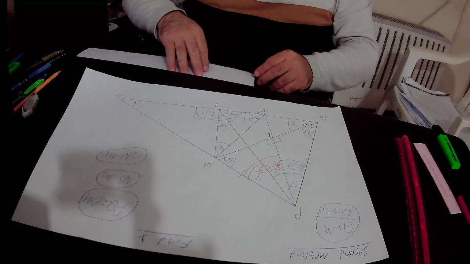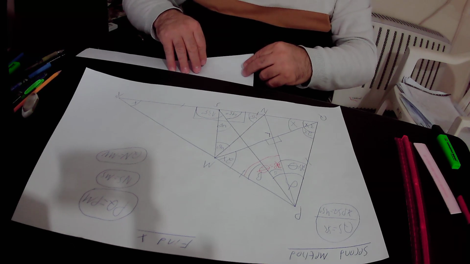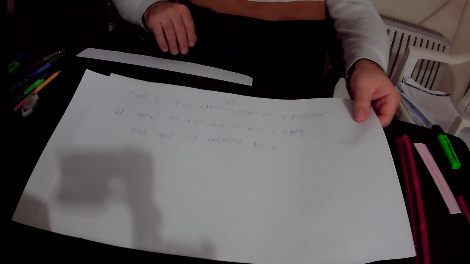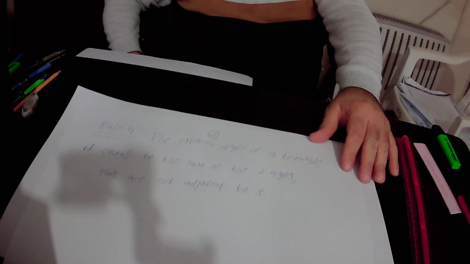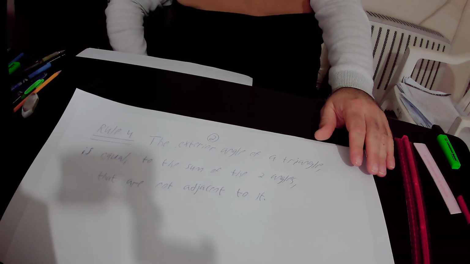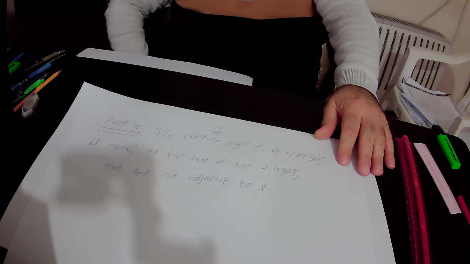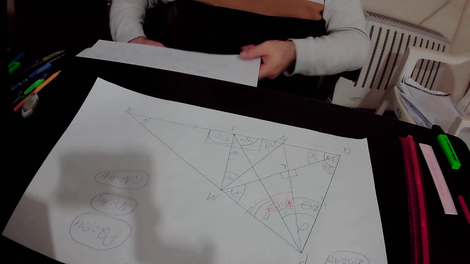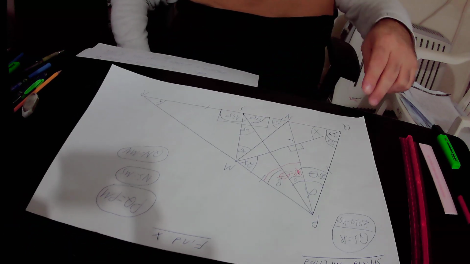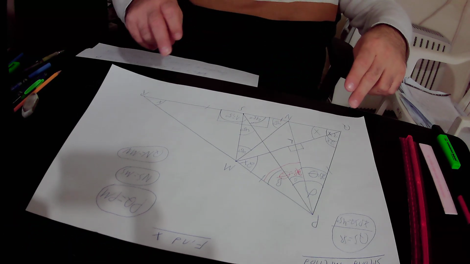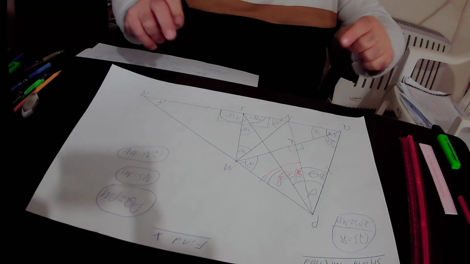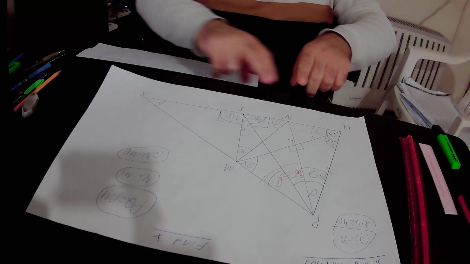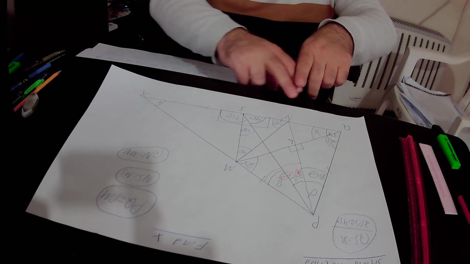And then I presented to you rule number 4, but before that, we know that triangle QMR is an isosceles triangle because it has two angles that are equal to each other, they're both equal to x, and the base of the isosceles triangle QMR is QR.